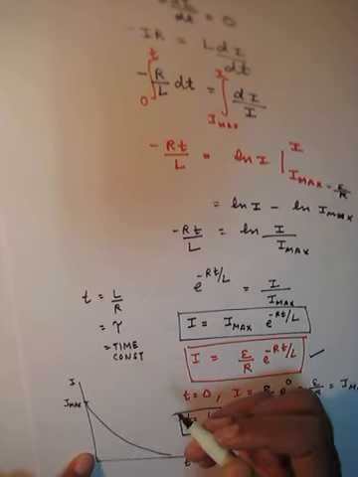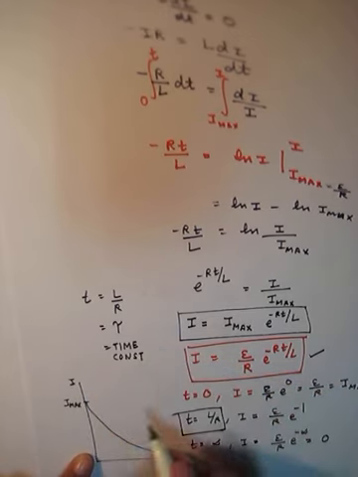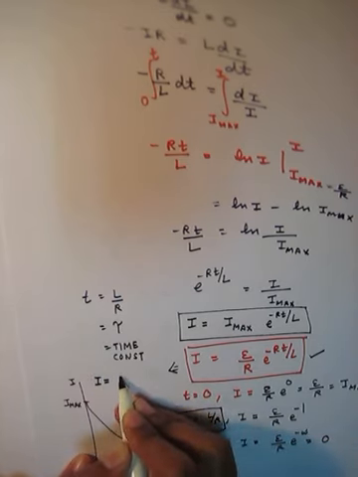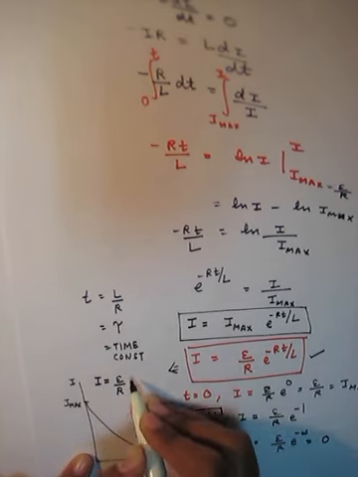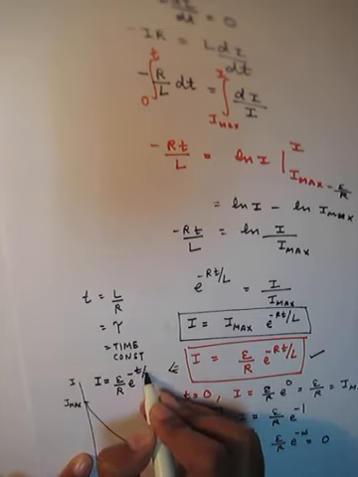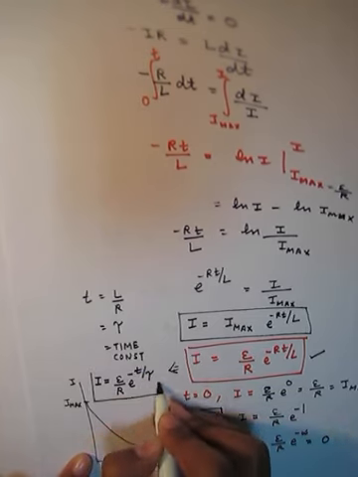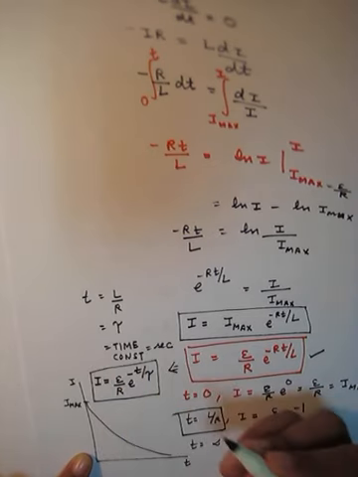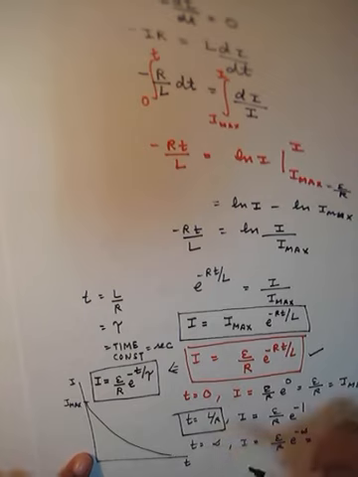That is why this equation can also be written as I is equal to epsilon upon R exponential minus t upon tau, and L upon R has units of seconds.